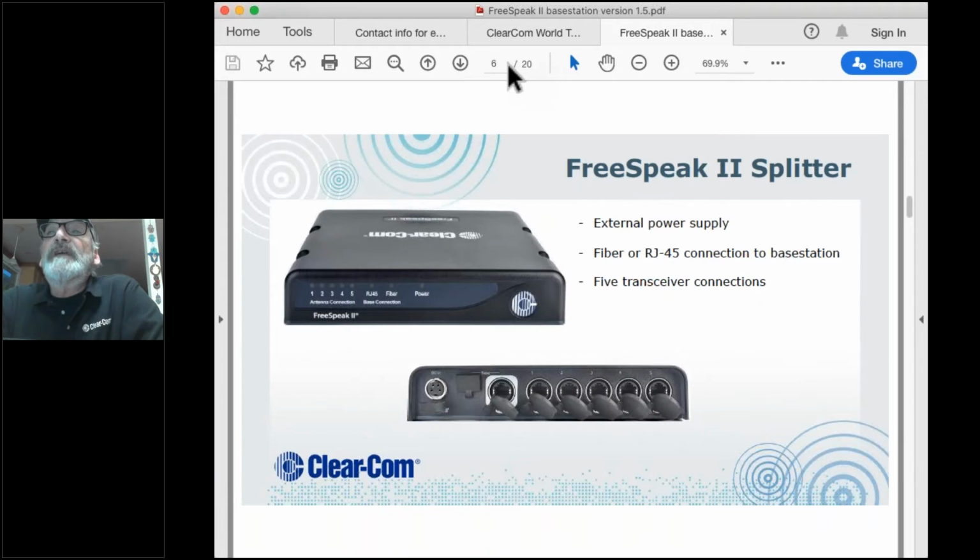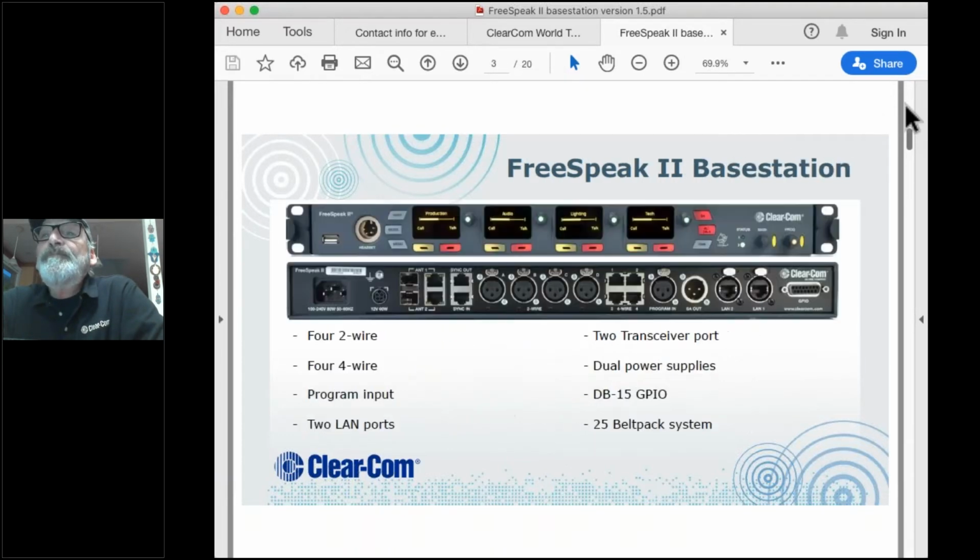Just to the right of that left-hand tab, if we could go back to that picture. Thank you, sir. Just to the right of that tab, you'll see there's a USB connector. That USB connector is very useful for saving or restoring files into the base station.